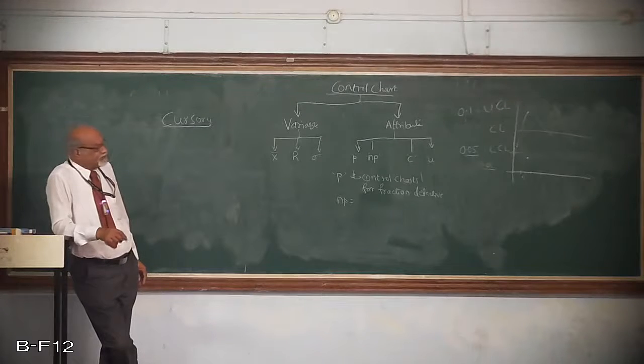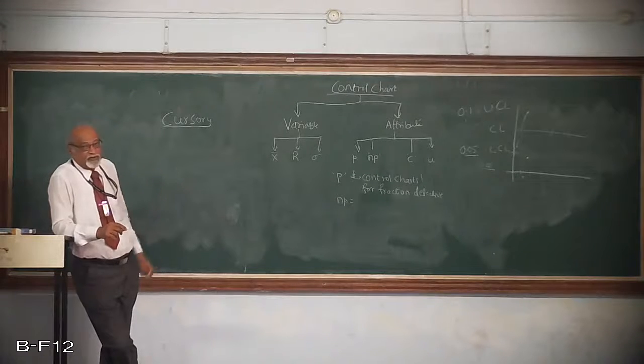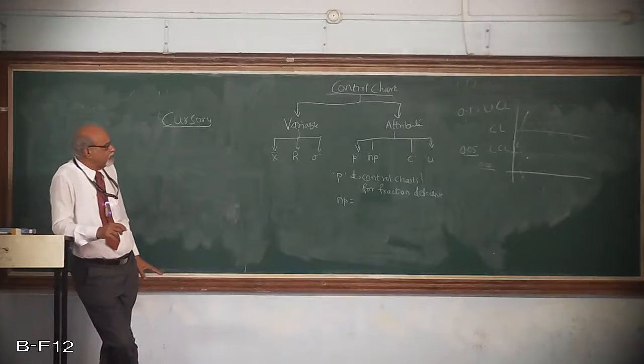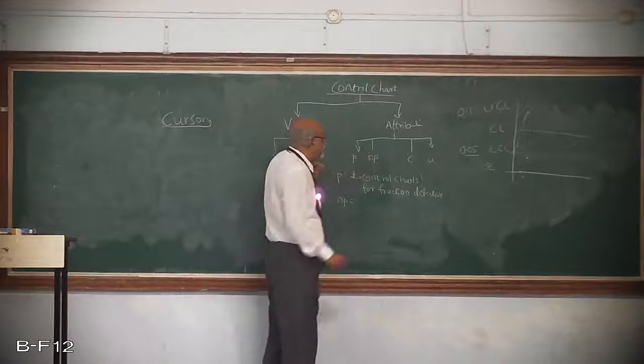We will see further how the analysis is to be done. Now is the time for fixing the upper control limit, lower control limit and central line for all these 4 control charts for attributes.